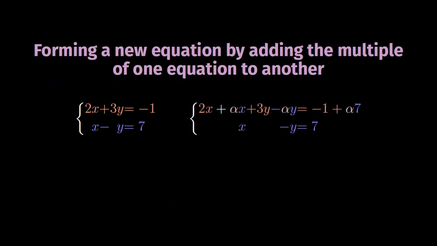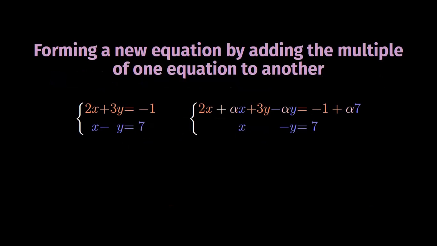The last property of the three is the most complicated. We replace one equation with the sum of itself plus a multiple of the second one. Here, we replace the red equation with the sum of the red equation plus alpha times the blue one.